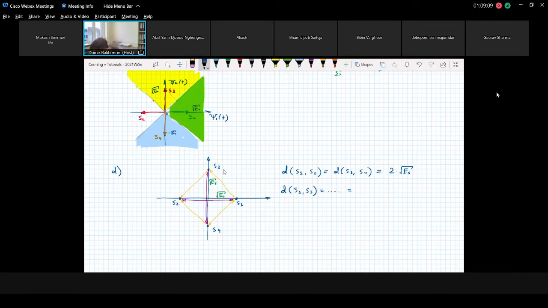It is equal to 2 times ES under the square root. You see that opposite points have a larger distance than nearest points, and these nearest points will determine the quality of transmission you will have.